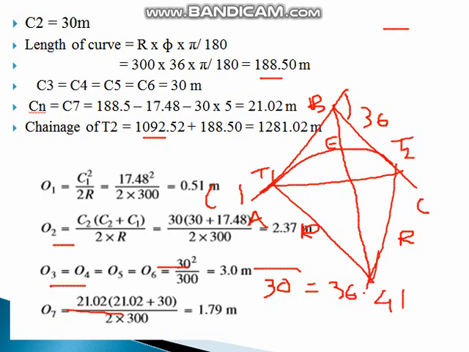So you have to put the values in the equations, C1 squared upon 2R, then C2 into C2 plus C1 divided by 2R, and all the chainages are 30 and the last chainage is 17.1848. We just have to put the values into the equation. So you have to understand, in this way you can calculate all these values. Thank you for watching this video.